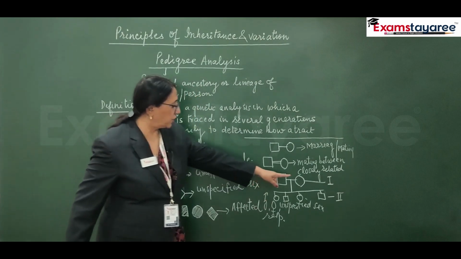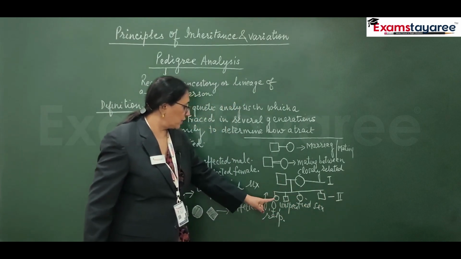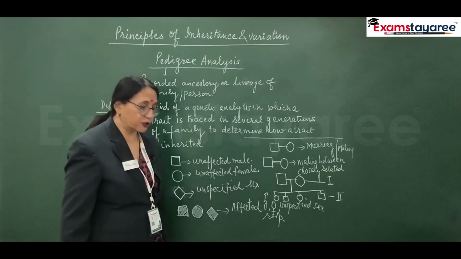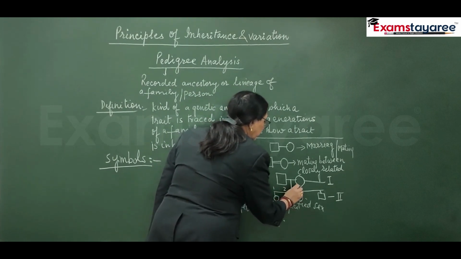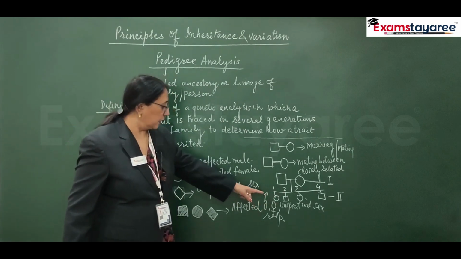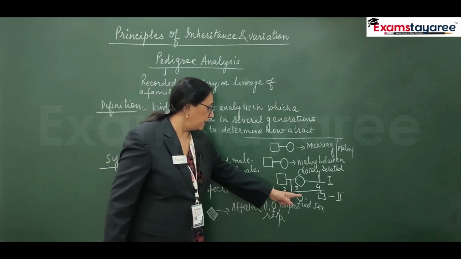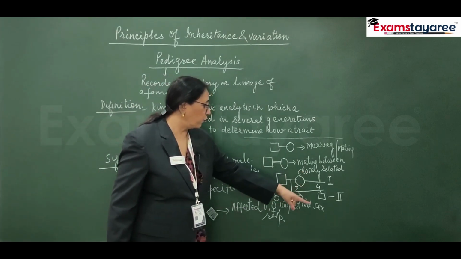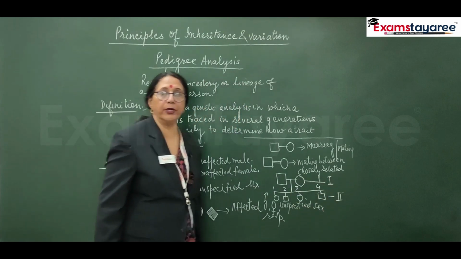Generations are shown by numerals, and this vertical line is showing the offspring, and the offspring are numbered 1, 2, 3, 4 in the order of their birth. So, this shows that the first child born is a female, then a male, then a female, and then another. These are numbered with Arabic numbers 1, 2, 3, 4, whereas the generations are depicted with Roman numerals.